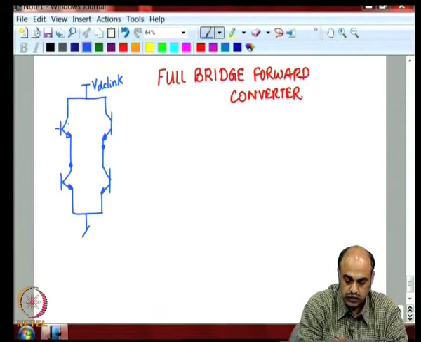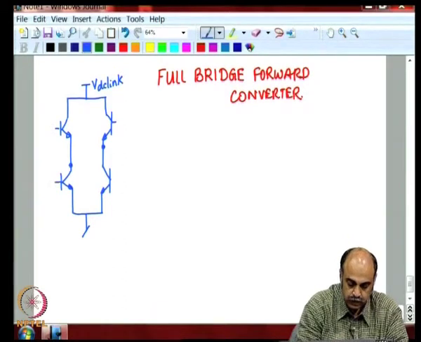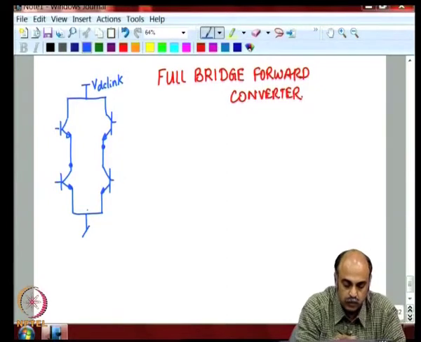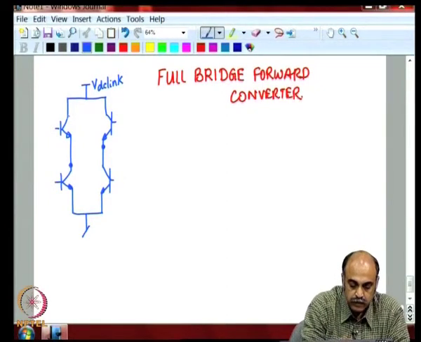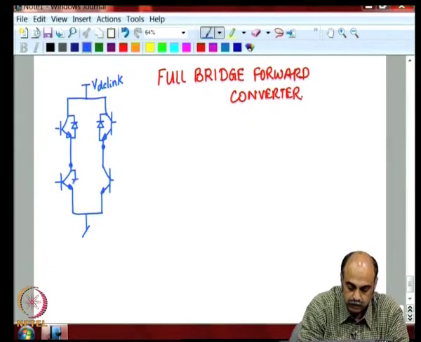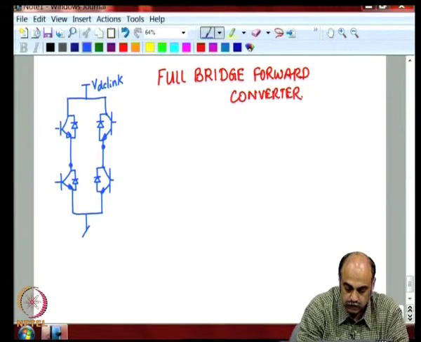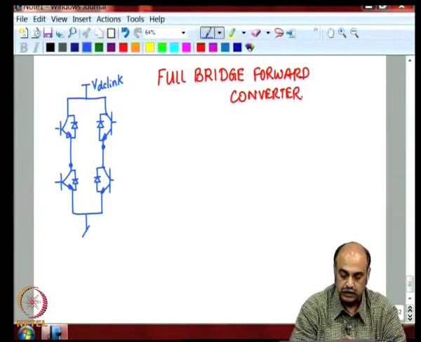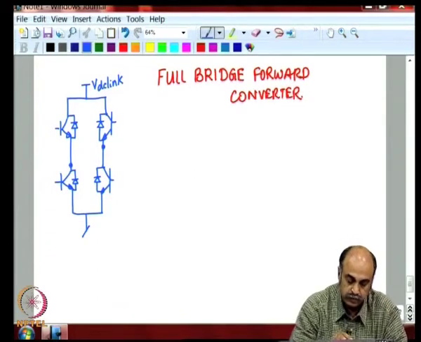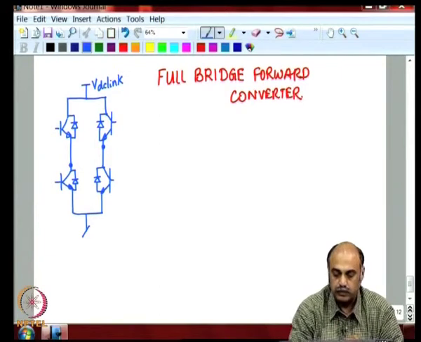These switches could mean BJT, IGBT, or MOSFETs. Consider them to be any one type of semiconductor switch, and you have the reverse diode connected like this. If the body diodes are there, you need not put them externally. If they are not there, you have to put them externally.